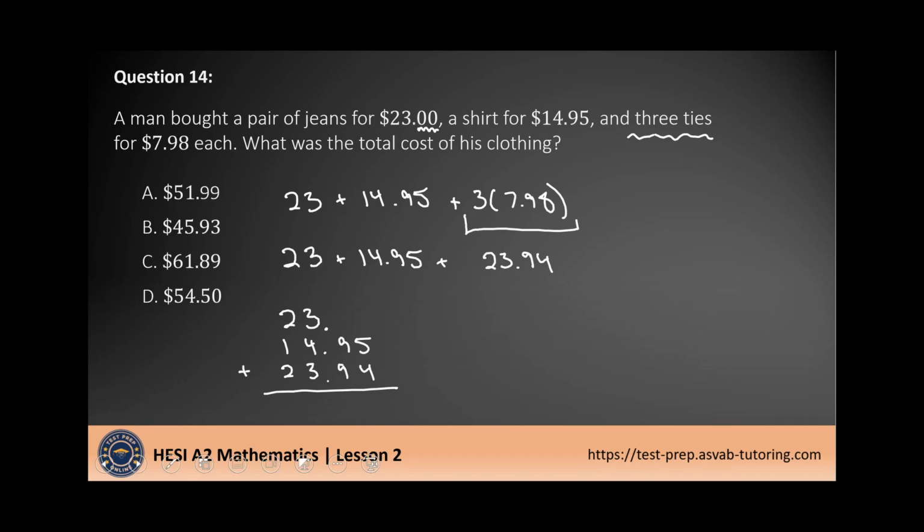Be very careful how you line up all your columns here. And then we're going to go from right to left. 5 plus 4 is 9. 9 plus 9 is 18. Carry the 1. 1 plus 3 is 4. 4 plus 4 is 8. 8 plus 3 is 11. Carry your 1. 1 plus 2 is 3. 3 plus 1 is 4. 4 plus 2 is 6. So 61.89.